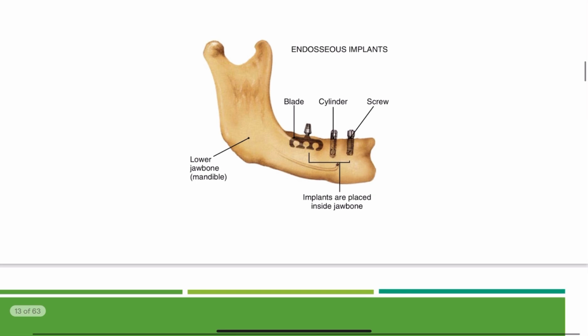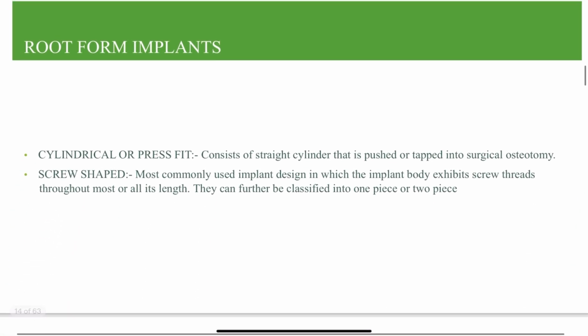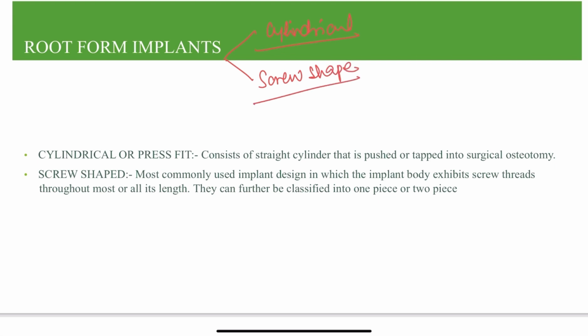It can be in the form of blade, cylinder, or screw. Root form implants are either cylindrical or screw shape. So how do we categorize them? Cylindrical implants won't have threads.